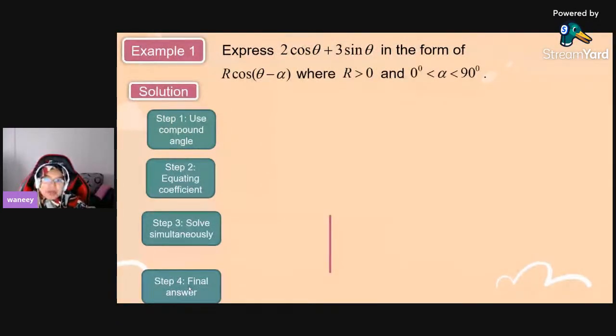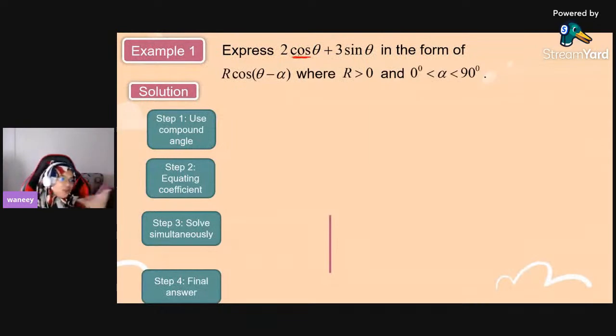Okay, so now example 1: express 2 cos theta plus 3 sin theta in the form of r cos theta minus alpha, where r is greater than 0 and alpha is an acute angle between 0 and 90 degrees. Okay, so now do you see the a cos theta plus b sin theta? You see a cos over here, right?